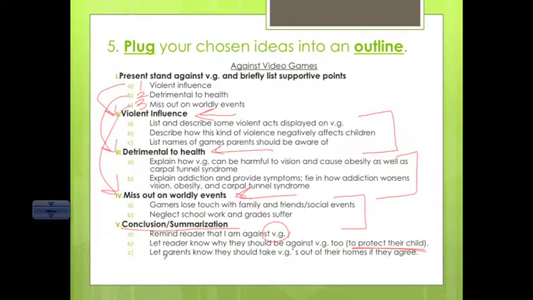And my third point is to let parents know they should take video games out of their homes if they agree. So this goes a little bit beyond just summarizing in one or two sentences what my essay was about. I also added a little extra: other than just being against it, what can I do about it now? How can I warn my parents? What can I ask them to do?